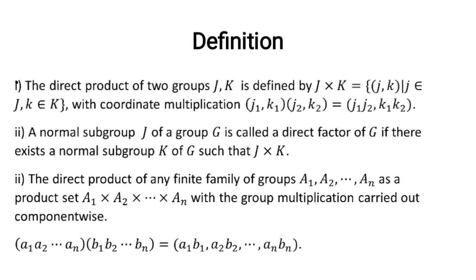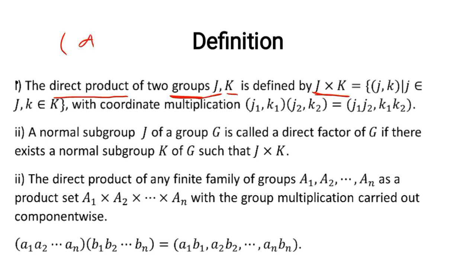So let's go ahead. Now, the first definition you need to know is what we call the direct product. And like I said earlier, basically we're using the definition from your 103 for direct products, but now we're considering it under groups, okay? So the direct product of two groups, J and K, is defined by this product, J cross K, such that you have two tuples, right?